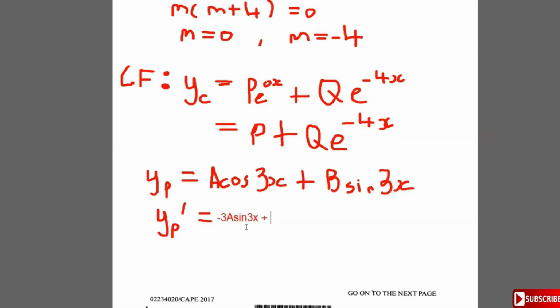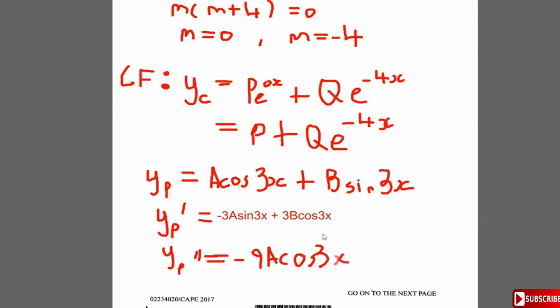Plus, when we differentiate sine, we get cos, so that's 3b cos 3x. That is yp prime. Now let's finish off by finding yp double prime. Differentiating, we get minus 9a cos 3x. Then minus 9b sine 3x.